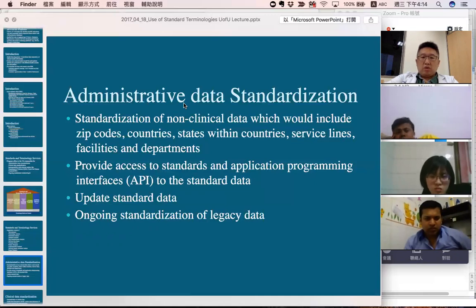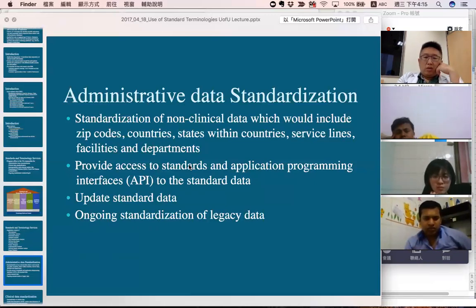They have different codes and try to standardize the zip code, country, state, that information. But I think that is not too practical in Taiwan or for your country. So it is not quite practical to use that.